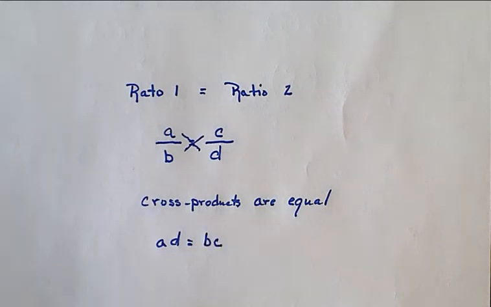Now again, with the exercises, they're going to stick a variable in one of those 4 spots. So when you take the cross products, you're going to get an equation. And then to finish the equation, just divide off the number attached to that variable. Okay, so let's look at a couple of these. And the algebra is going to grow in difficulty as you go through.